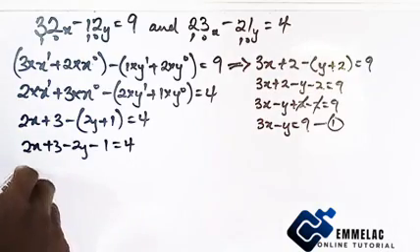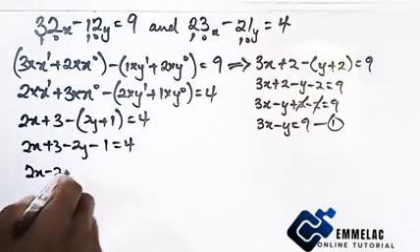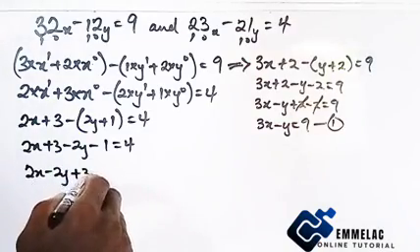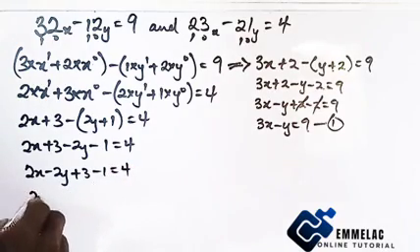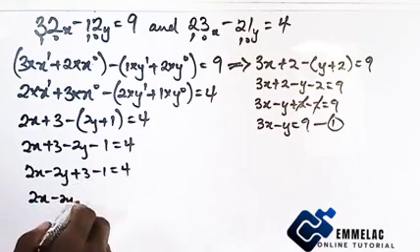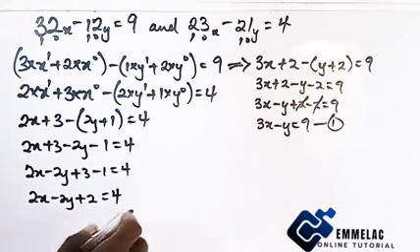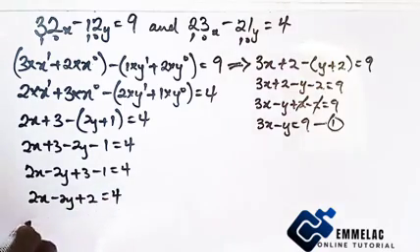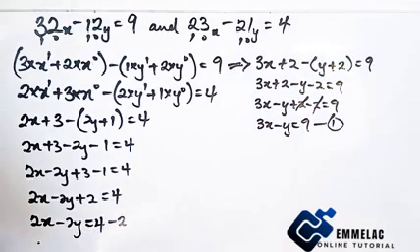Now collecting like terms here, you have 2x minus 2y, then plus 3 minus 1 equals 4. So here we have 2x minus 2y, then plus 3 minus 1 will give us plus 2, equals 4. Now transposing this, you have 2x minus 2y equals 4 minus 2. Can you see from the board?